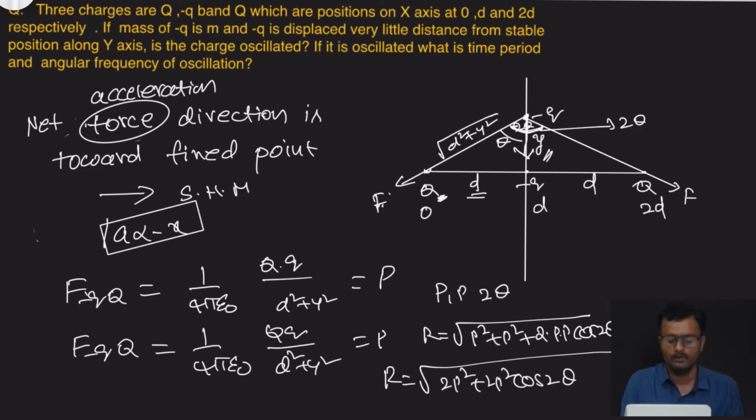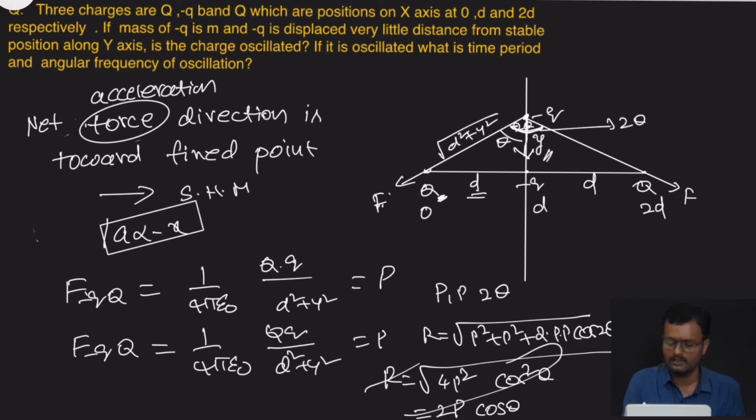In both terms 2P square is common. So taking it common, we get 1 plus cos 2 theta, and 1 plus cos 2 theta is 2 cos square theta. 2 into 2 is 4. Root 4 is 2, root P square is P, root cos square theta is cos theta.